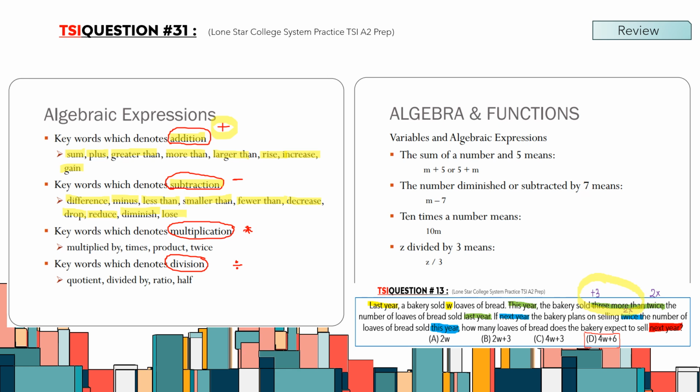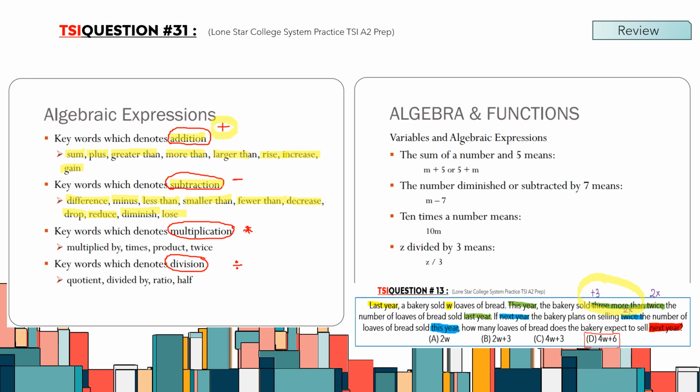So we can see an example in question number 27. The TSI question number 27, for example, has the slope of the line y equals mx minus 4 is less than the slope of the line y equals x minus 4.